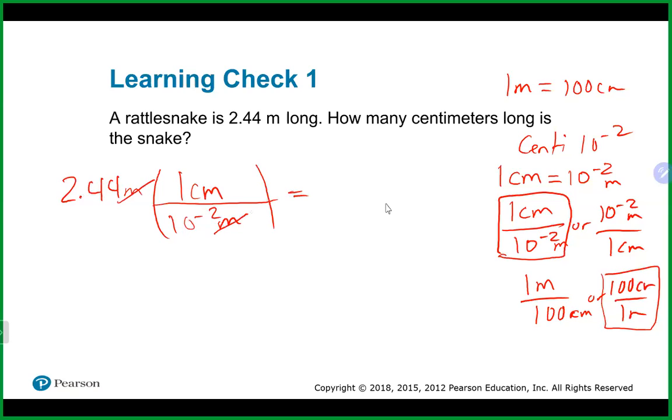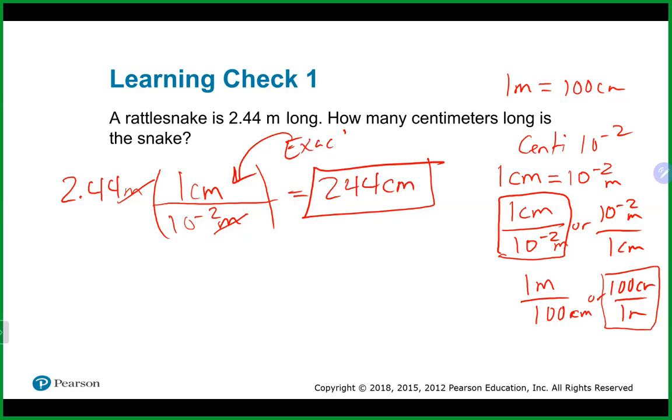That's basically 2.44 divided by 1 times 10 to the minus 2, which gives us 244 centimeters in this case. This is an exact number, which means we don't have to worry about it. So we should come back to this one, which has 3 significant figures, and obviously our answer here has 3 significant figures as well.